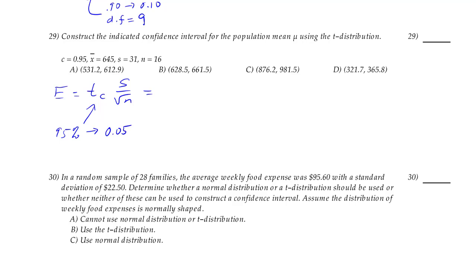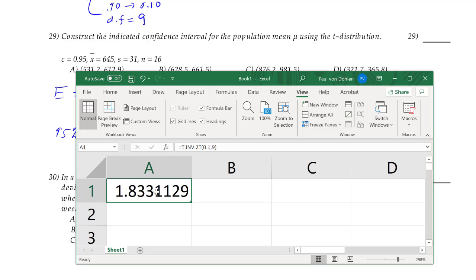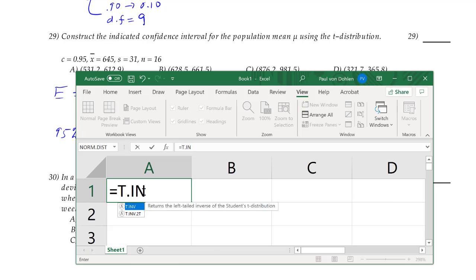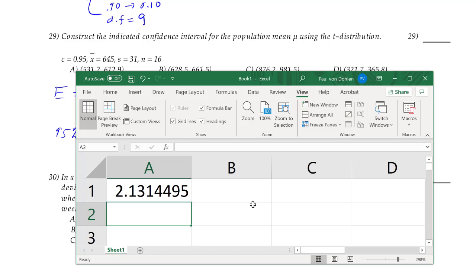And our n is 16, so our degrees of freedom is 15. Look up a value. We said 5% left over, 0.05, and 15 degrees of freedom, 2.131.